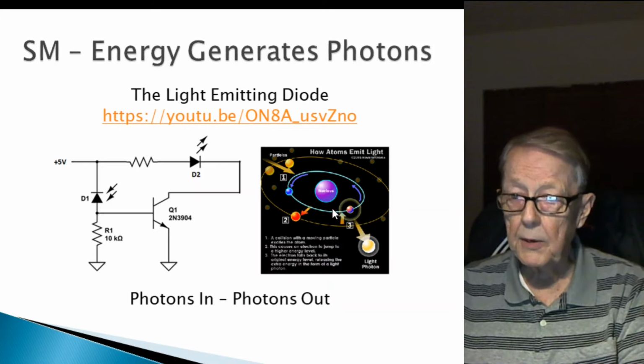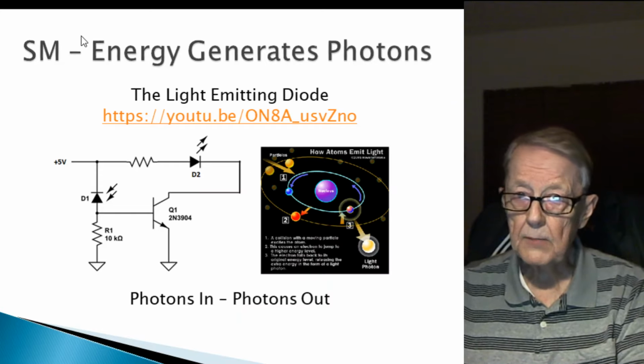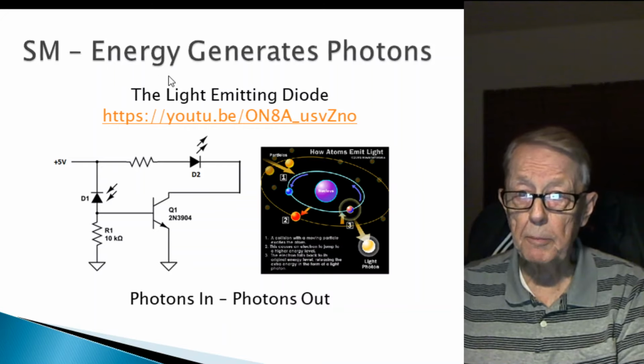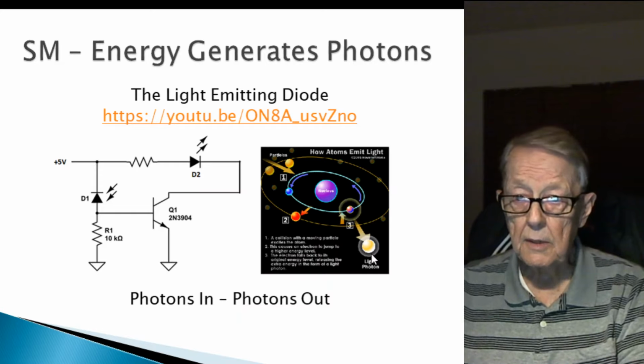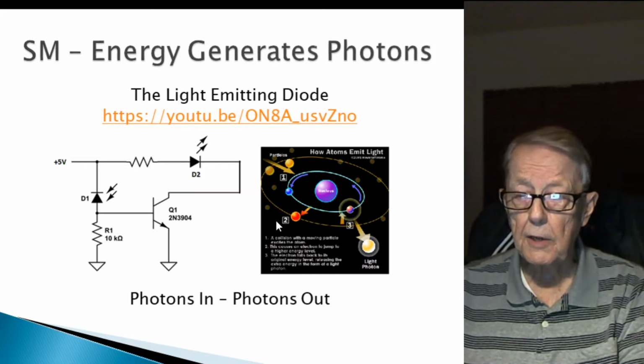When it falls down, it releases energy, and the energy is in the form of a photon. If you listen to any of my videos, you understand that my opinion is that energy is not real. If it's not real, it can't emit a photon. That's just very, very illogical to me.